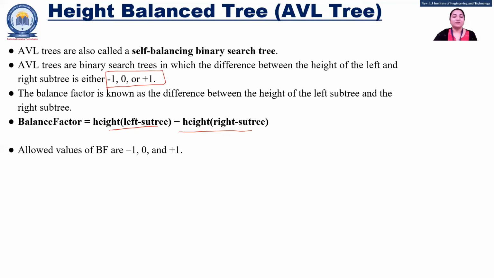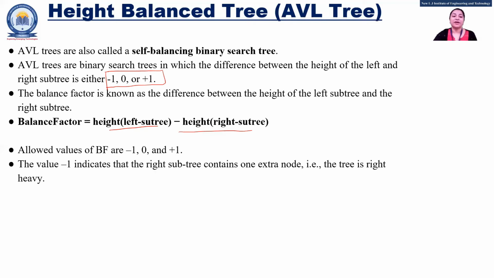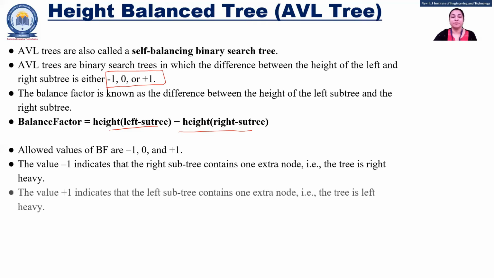Okay, so allowed values are -1, 0 and +1, and the value -1 indicates that the right subtree contains one extra node. Right subtree will contain one extra node if the number is minus. Means the tree will be right heavy. If the value of balance factor is positive, then we can say the tree will be what?